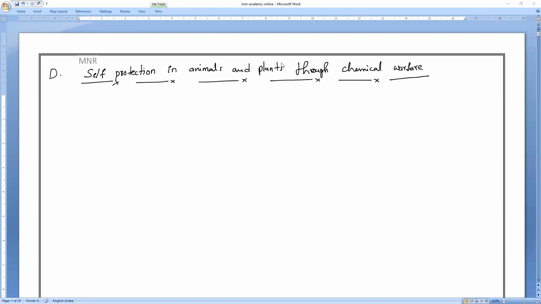Whenever acid rain comes, or untreated industrial waste is deposited in the water bodies, the pH of the water bodies is reduced. So acidity will increase or decrease? pH is reducing, so acidic nature will increase, everybody. So it may even kill all the aquatic animals.